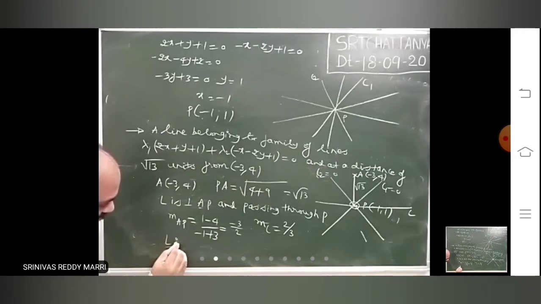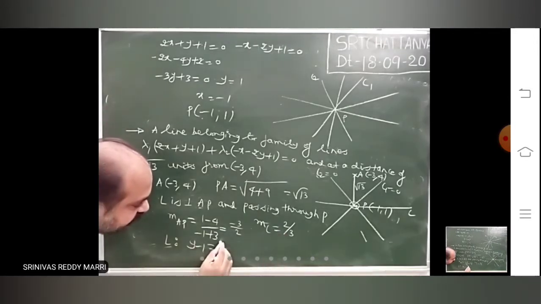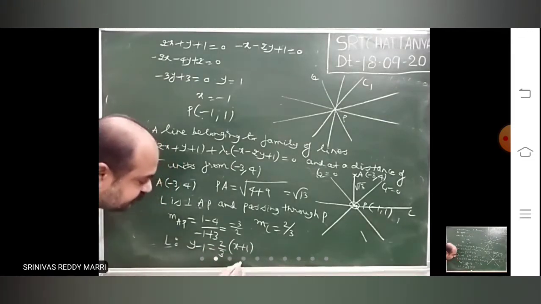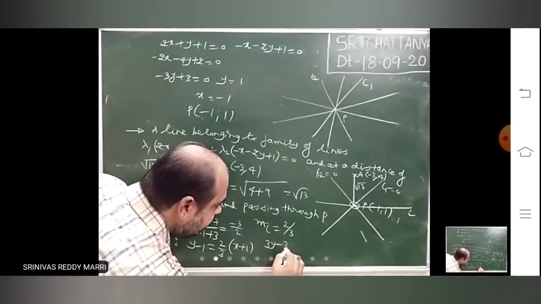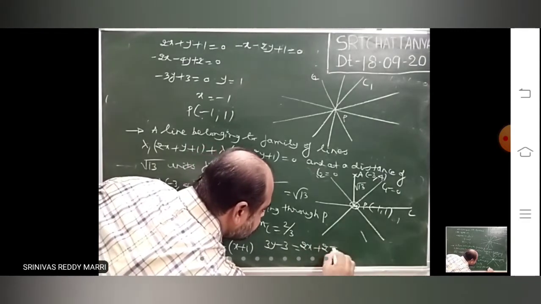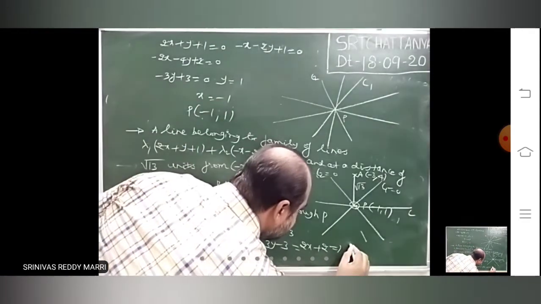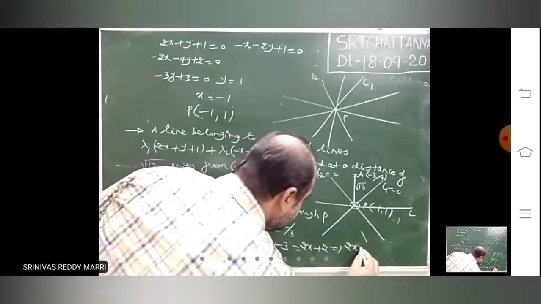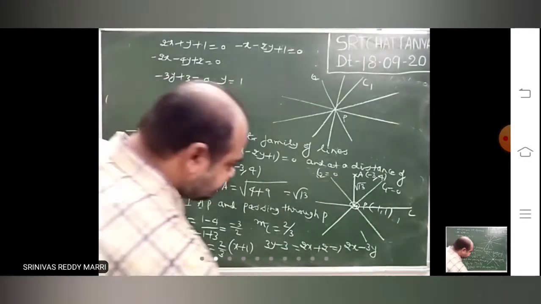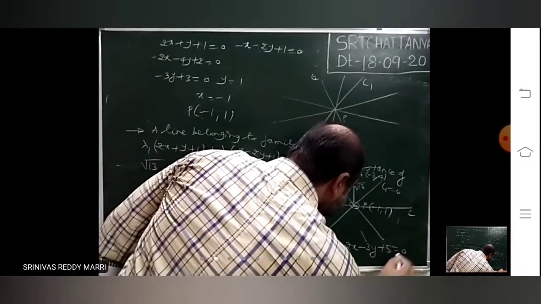Now our required line is passing through P and having slope 2 by 3. That means y minus 1 equal to 2 by 3 into x plus 1. That means 3y minus 3 equals 2x plus 2. That implies our required line is 2x minus 3y plus 5 equal to 0. This is the required line.